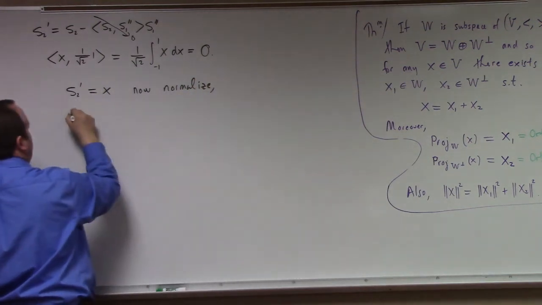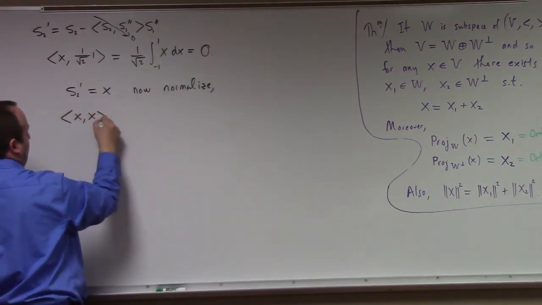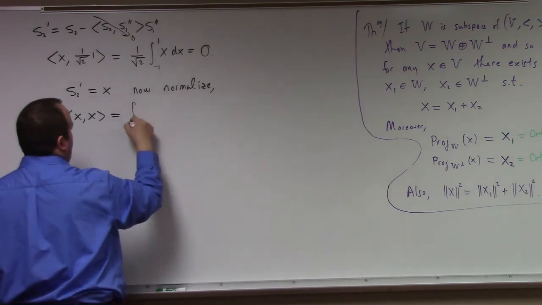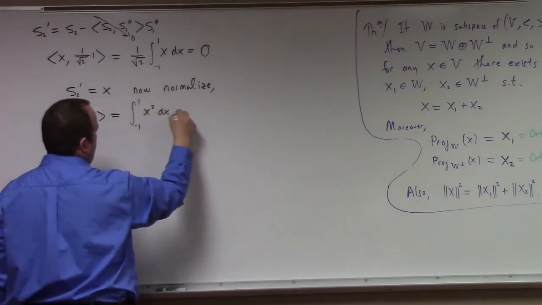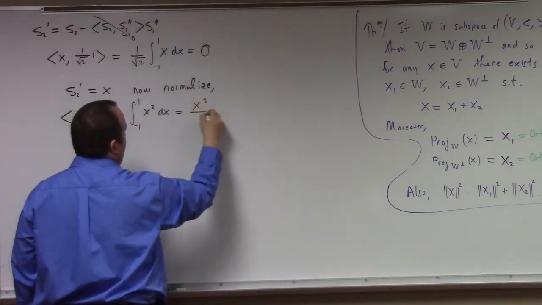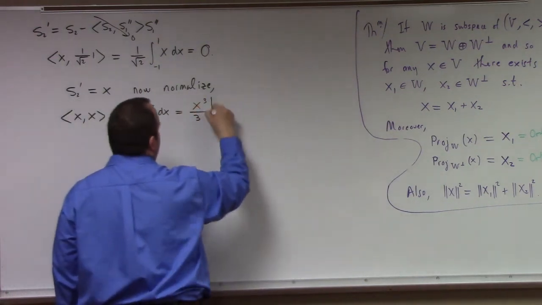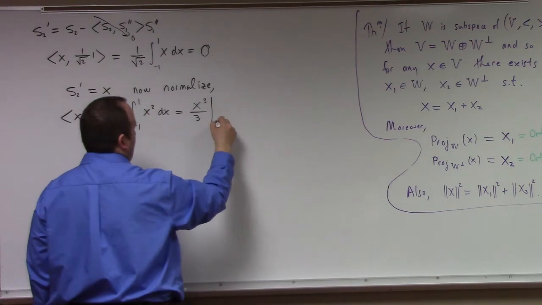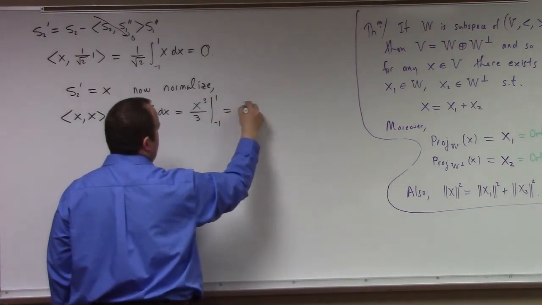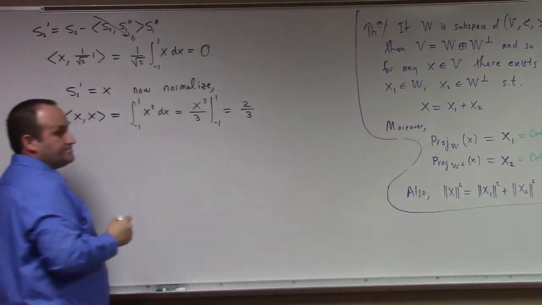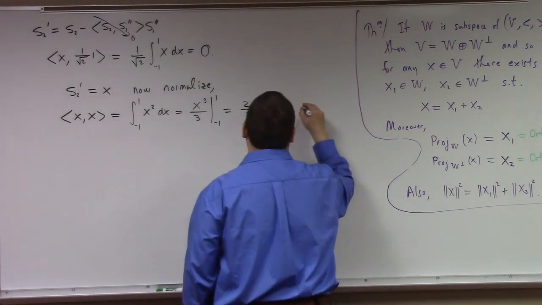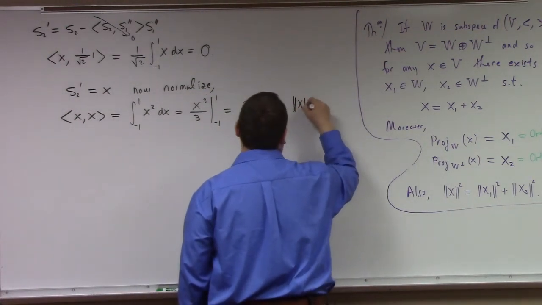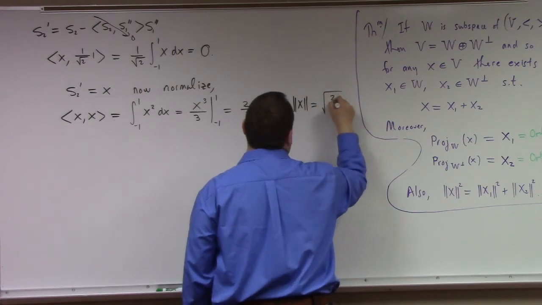So I need to calculate the inner product of x and x. That's the integral from minus 1 to 1 of x times x, which is x squared dx, which is x cubed over 3 from minus 1 to 1, also known as 2/3. Therefore, the length of x is the square root of 2 over 3.